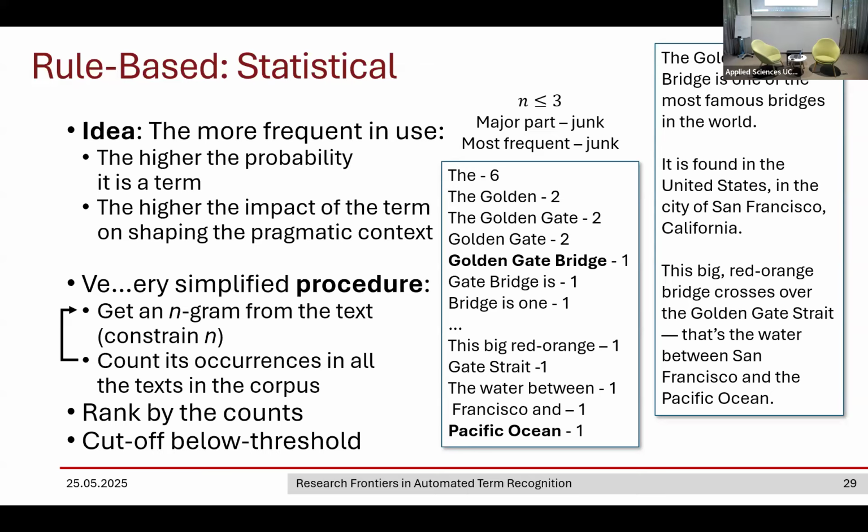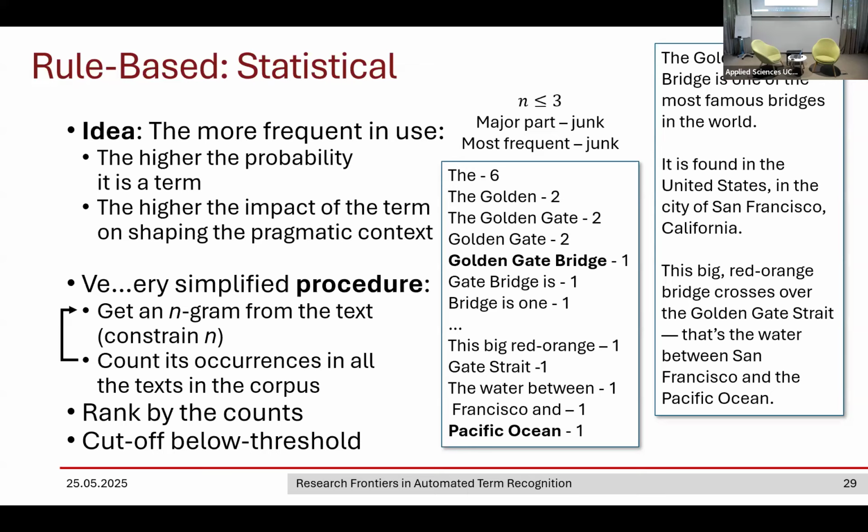This is an example based on the same text. So these are the n-grams. Like this is a unigram, this is a bigram, this is a 3-gram, and so on, so on. And those are the frequencies. How many times has this unigram been met in this text? So, are you satisfied with such a recognition?